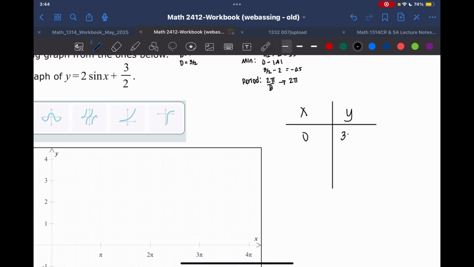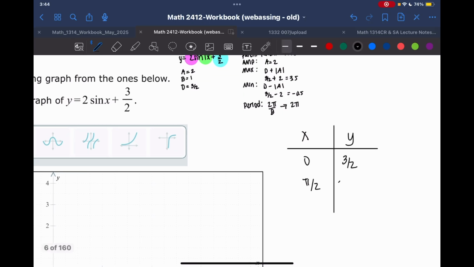we know it's going to be 0, 3 over 2. And then at pi over 2 is when we get our high of 3.5. And then at pi, we're still at the midline, which is 3 over 2, or 1.5, excuse me. And then we have 3 pi over 2.